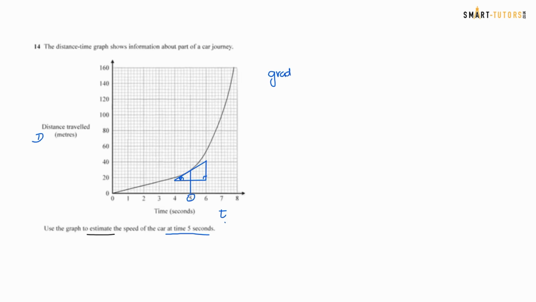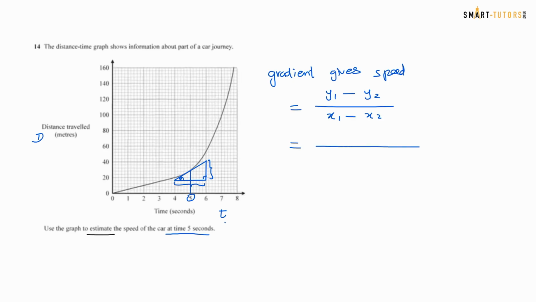So the gradient gives speed. So the gradient is this distance divided by this distance. So we need to find the gradient: the difference of y over the difference of x, y1 minus y2 over x1 minus x2.